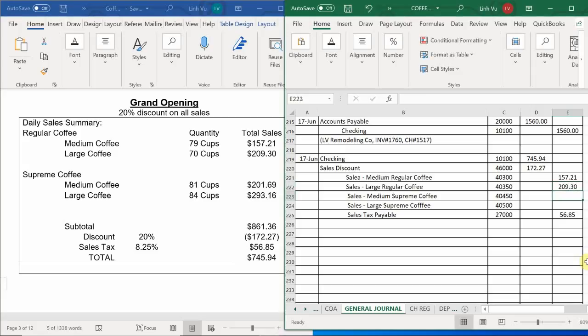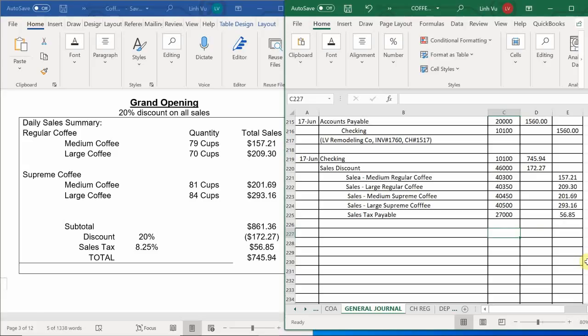Good. And then my medium supreme coffee? $201.69. And then last but not least, what was the total sales of my large supreme coffee? $293.16. Okay. So this is the end of my journal.